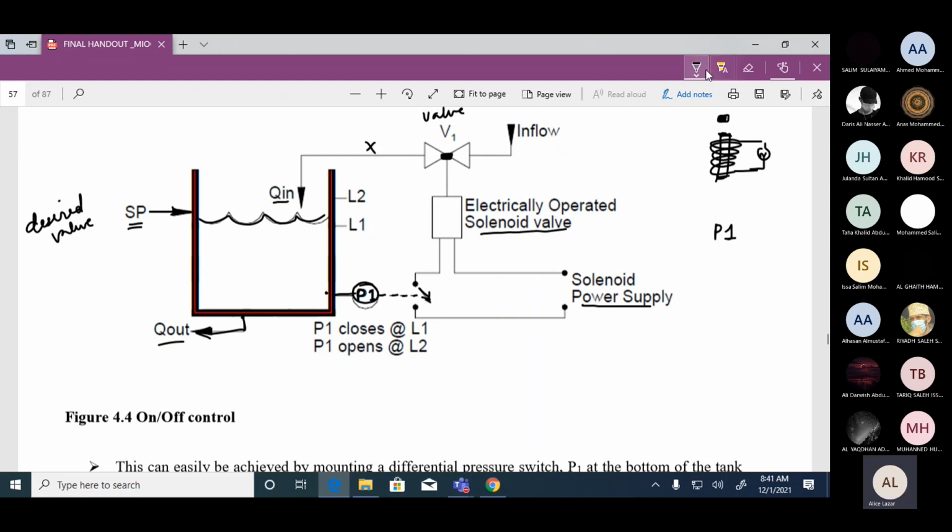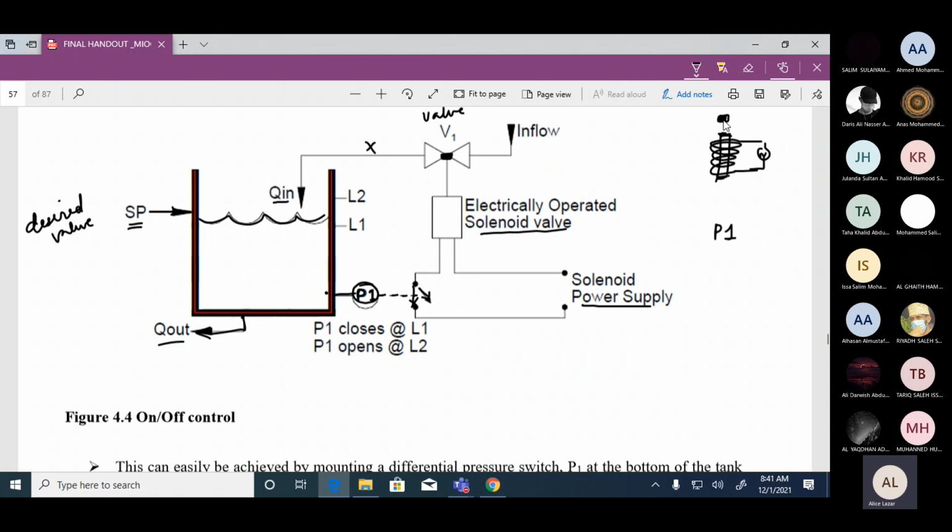Now, whenever the switch closes, what will happen? The power supply will be given to the solenoid. When the power supply is given to the solenoid, it becomes like a magnet.